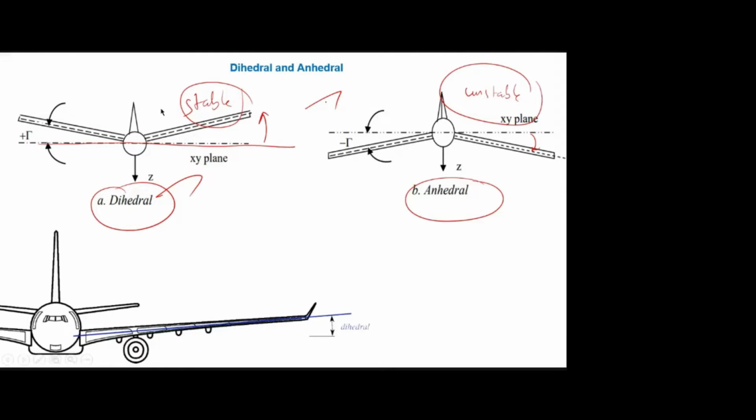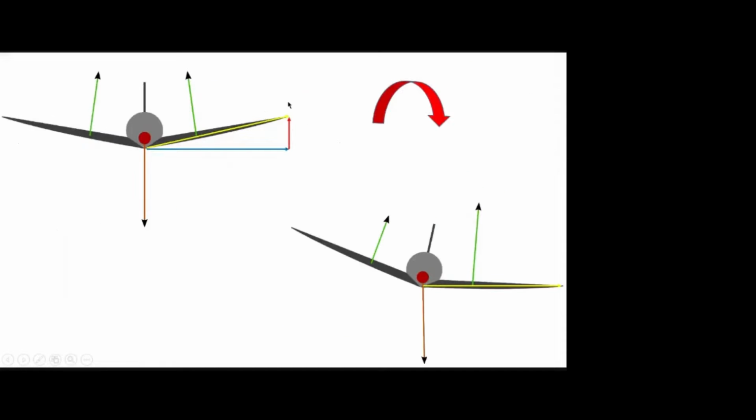I will explain how it is stable and how the other is unstable. So this is the dihedral wing. Initially it is in the steady level condition, so both wings produce an equal amount of lift. If you want to find the reference area, you have to see from the top.